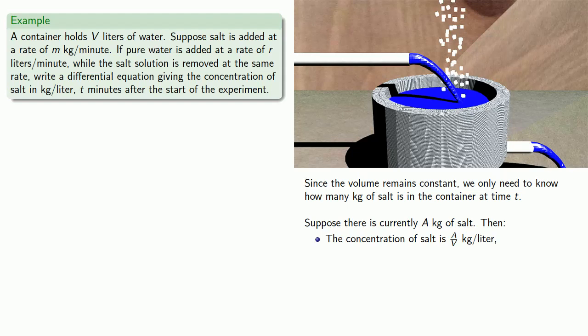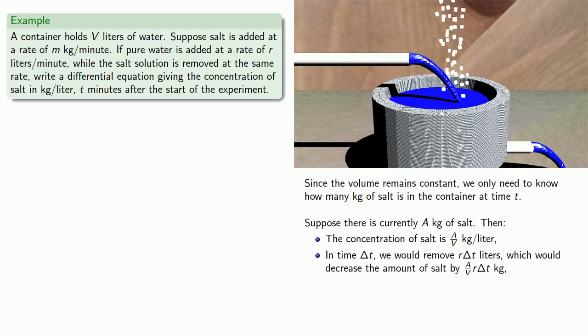First, some amount of salt solution has been removed from the container. In time delta t, we'd remove r delta t liters, and this would decrease the amount of salt by A over V r delta t kilograms. That's the volume of solution that we've removed times the concentration of the solution.